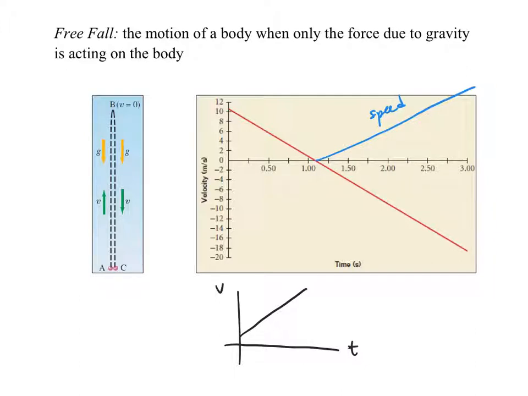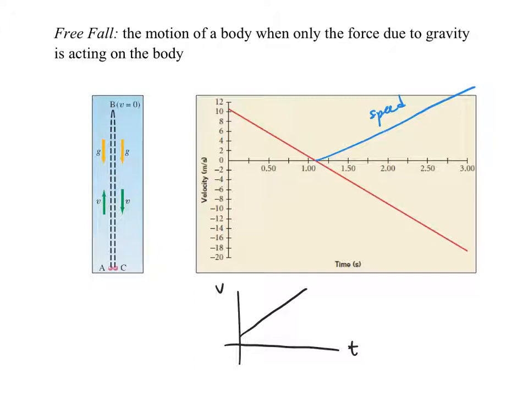Remember we talked about speed. So on the way down, although its velocity is becoming more negative, we would use the phrase, it is speeding up. It is speeding up in the negative direction. It is getting faster in the negative direction. Its velocity is becoming more negative. Its velocity is decreasing.